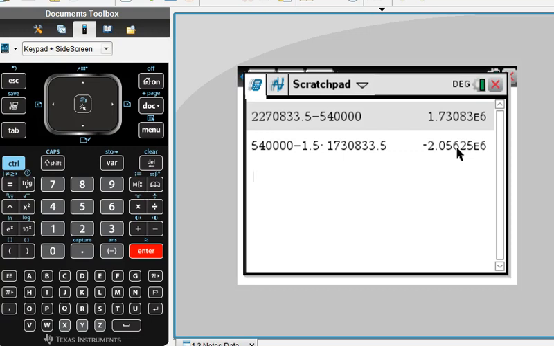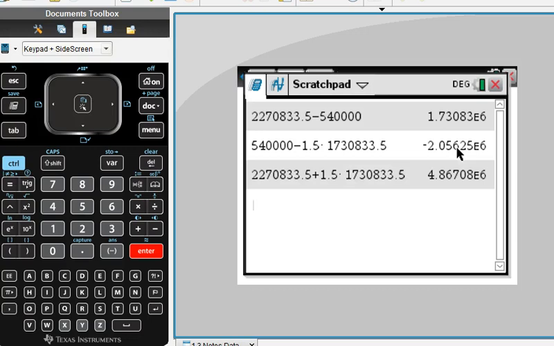So obviously we don't have any low outliers because I don't have anybody who has a salary of negative 2 million. Then I'm going to take the Q3, which is 2270833.5 plus 1.5 times the IQR. And there's the IQR. And that is 4.8 million.